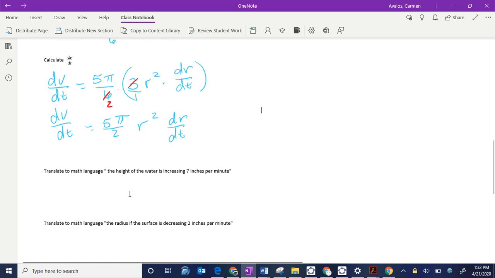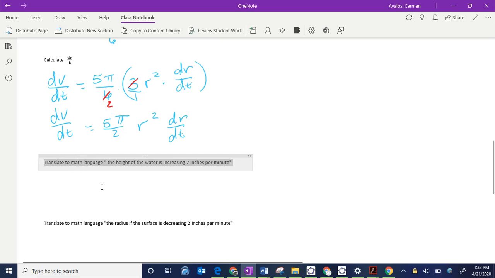Okay, so now we're going to translate some things into math language using the derivative. You're going to have to write sentences for this. So if it says the height of the water is increasing 7 inches per minute, we are going to translate that. We know the height is increasing, so we know it's a rate.